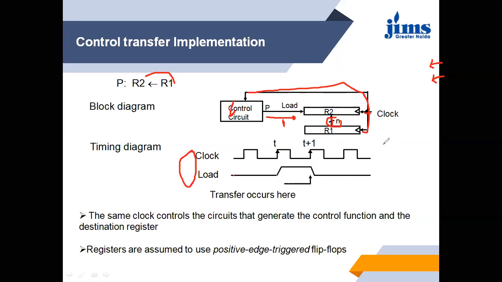So at this time, when the control signal is high, data starts to transfer from R1 to R2, and the complete data is transferred during one clock cycle.